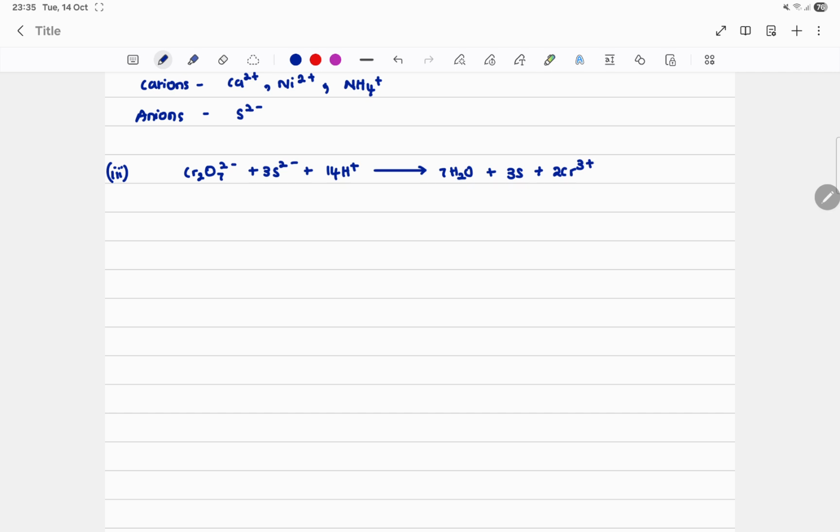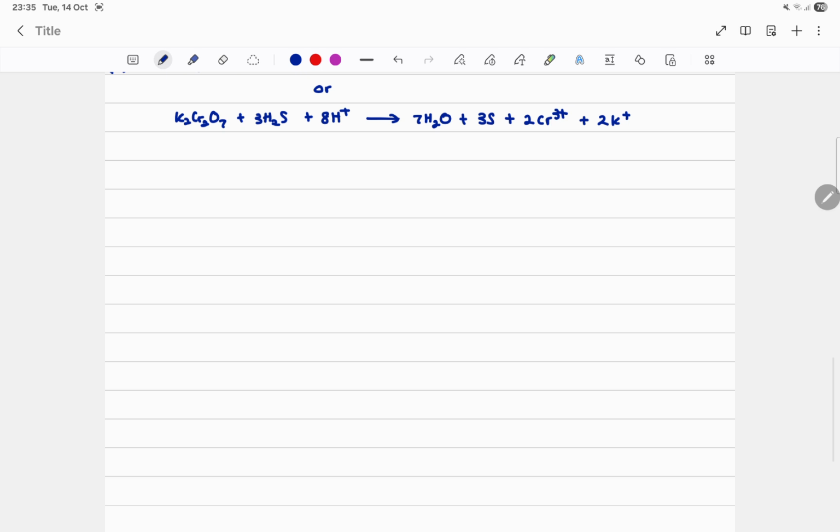Or you can write K2Cr2O7 plus 3H2S plus 8H plus gives 7H2O plus 3 sulfur plus 2Cr3 plus 2 potassium ions. Both of them, the answer is correct.